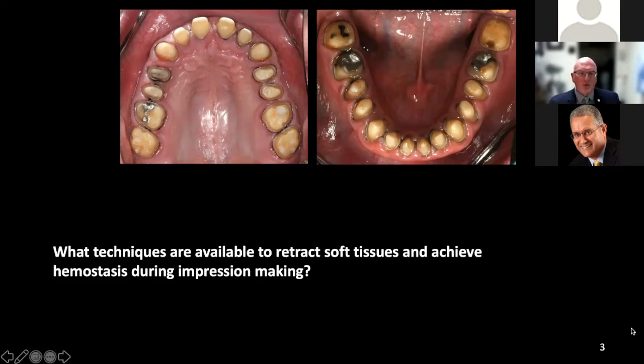I've used both of those in my training, as well as different types of retraction methods.